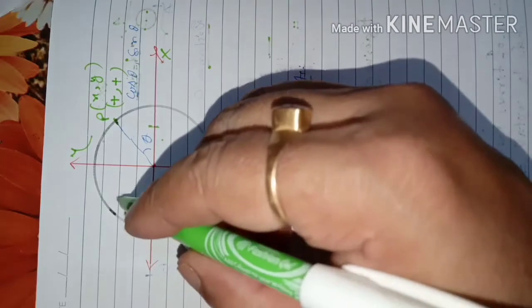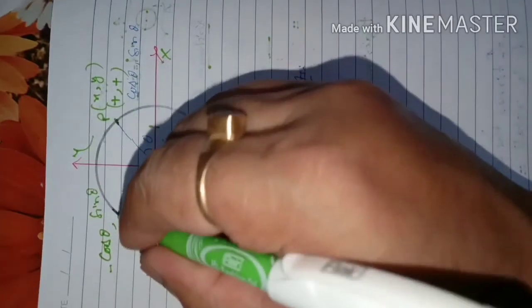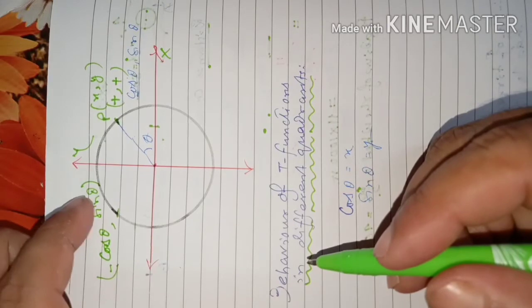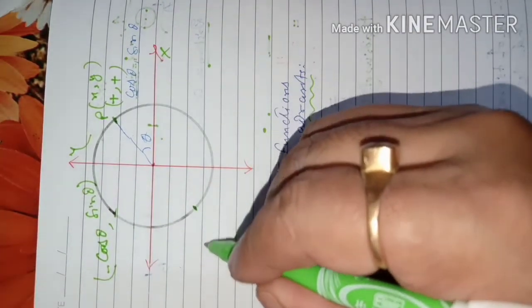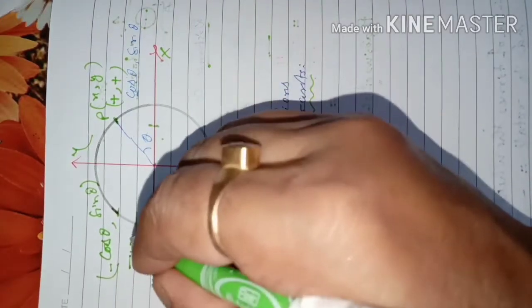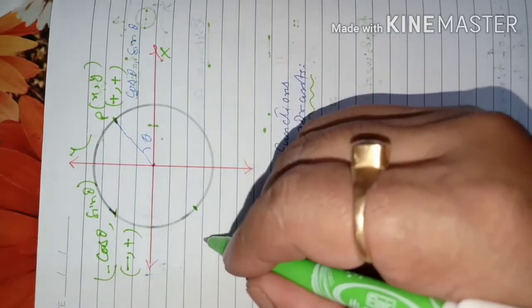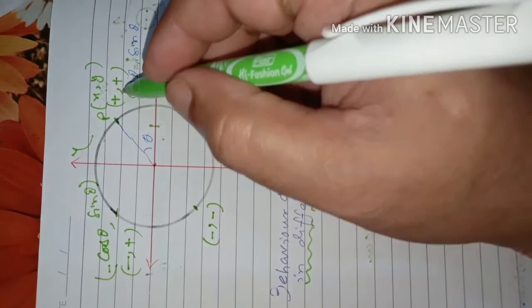So in the second quadrant, as you know, abscissa is negative, ordinate is positive. So cos theta is negative but sin theta is positive here. So a point here has coordinates minus cos theta and sin theta. In the third quadrant, both are negative, the opposite of the signs in the first quadrant.